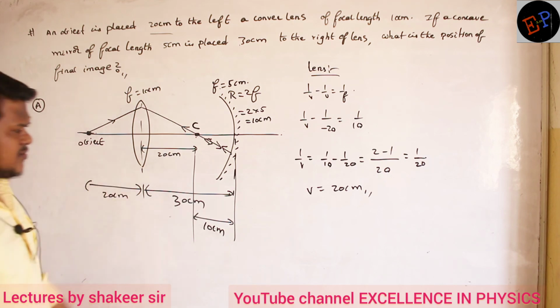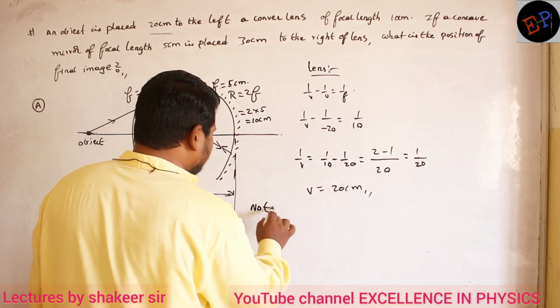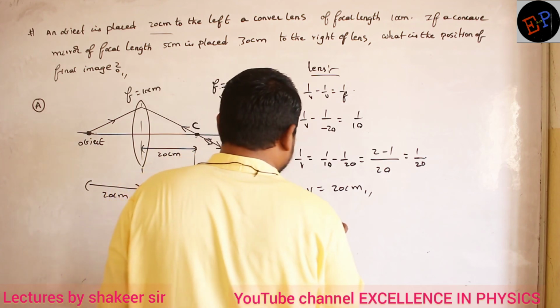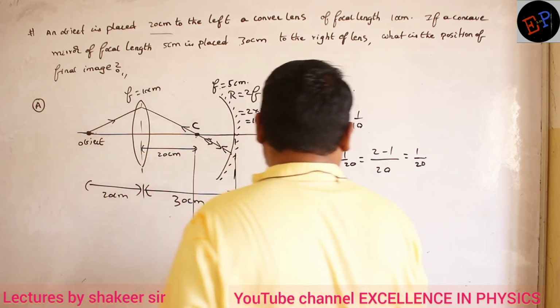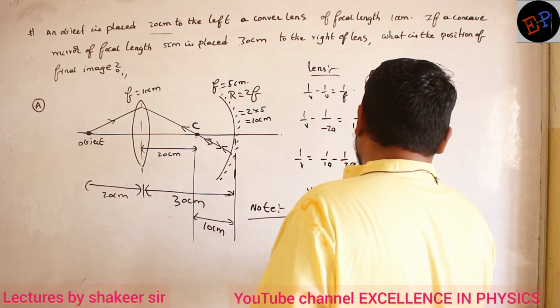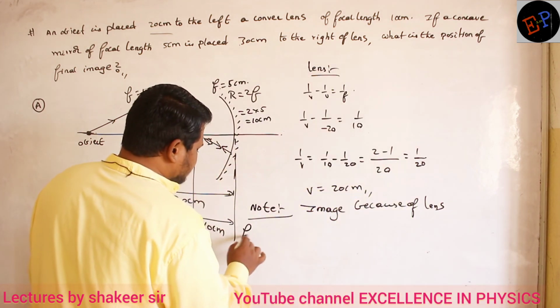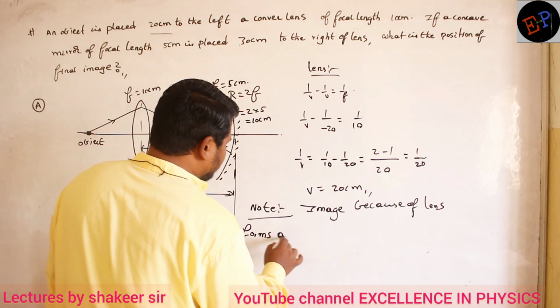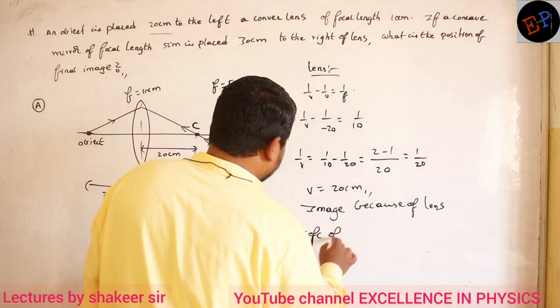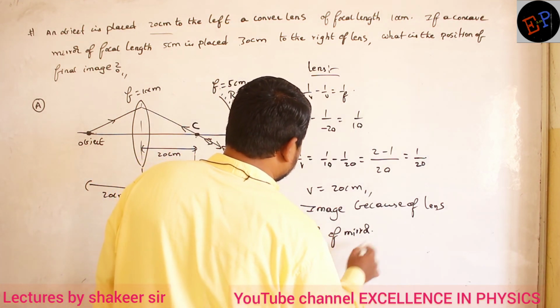Clear? That's it, write down. So what is the note point I have to write? The note point is that the image because of the lens forms at the center of curvature of the mirror.